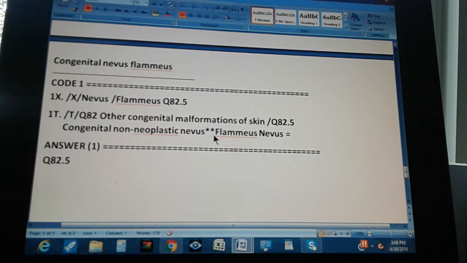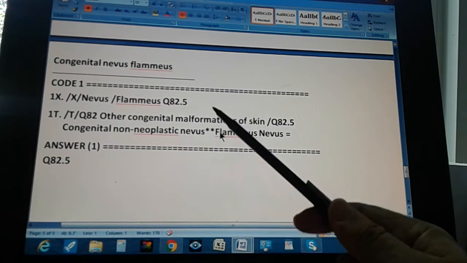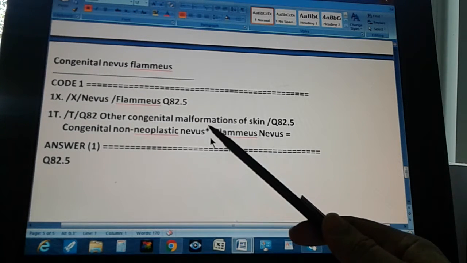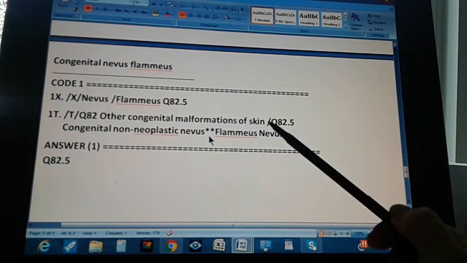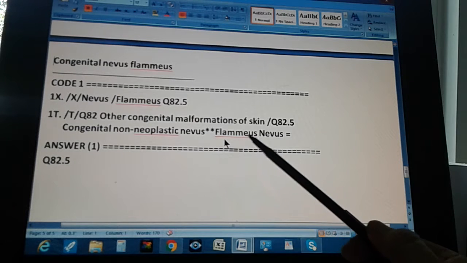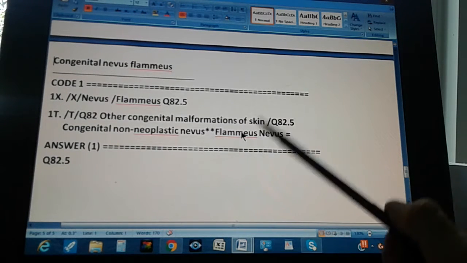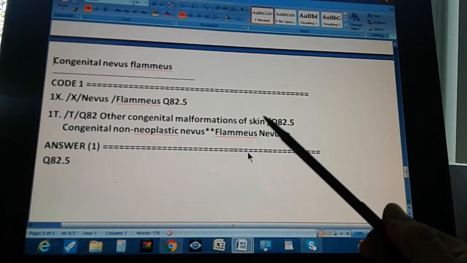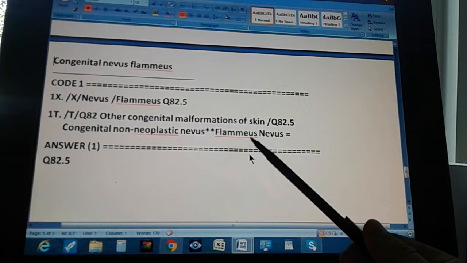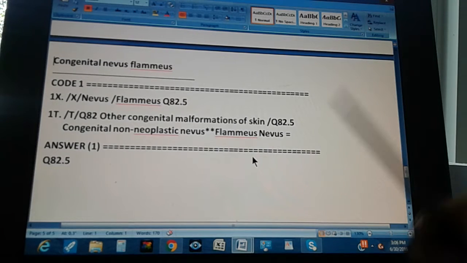This asterisk means you have to go one line, another line, and on the third line you're going to find flammeus nevus. All the lines belong to the same code, but this is exactly the one that we need, flammeus nevus, which is why we have an equal sign there, and the answer is Q82.5.